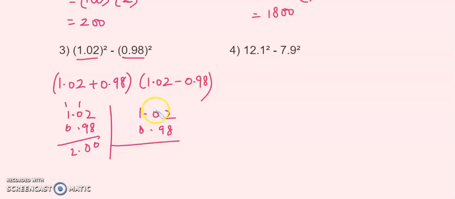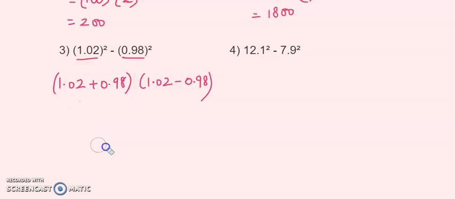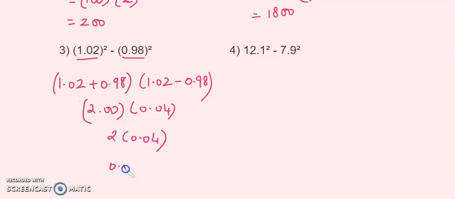So it's 0.04, correct? So the first part is 2 and the second bracket will be 0.04. A quick addition and subtraction I've just shown. So the first one will become 2.00, which is a 2, and the second one will be 0.04. Right? So that is 2 multiplied by 0.04. So the answer is 0.08.